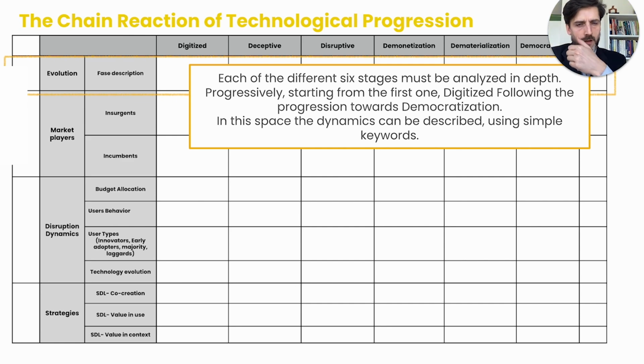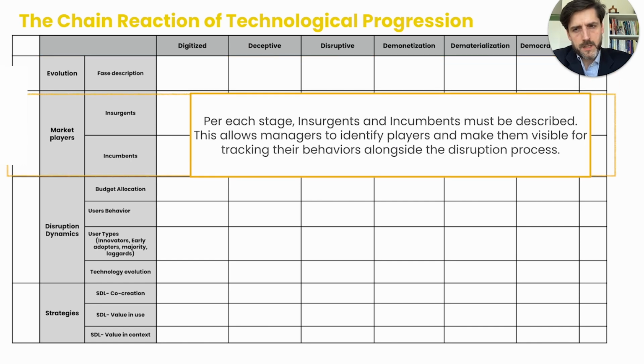And so we have a framework like this that involves 3 different macro parts, in which through simple keywords we'll be able to identify and study the state of the art. In the space related to market players, in fact, we want to define who are the insurgents and the incumbents operating at this specific stage.